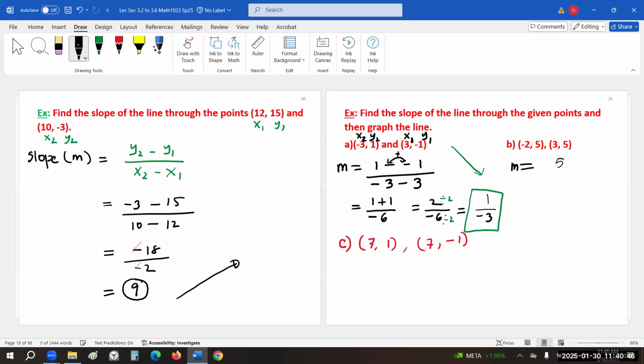5 minus 5. 3 minus -2. Again. So 3 plus 2. And what is 0 over 5? You have $0, okay?